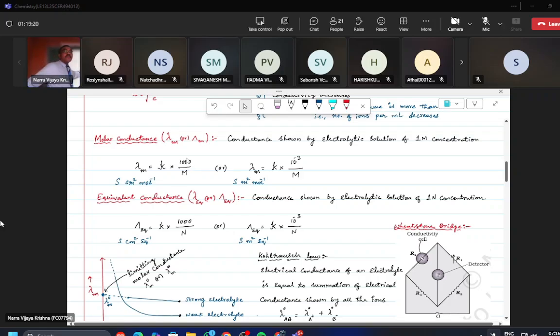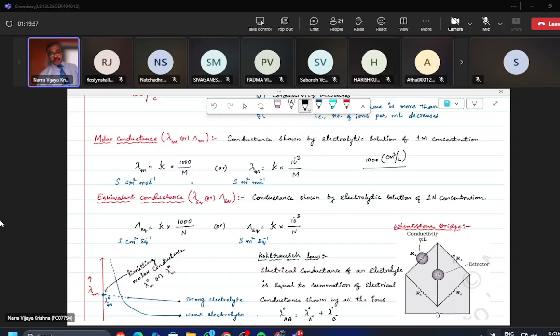We will write 1000 as centimeter cube per liter upon molarity as moles per liter. Correct or not?